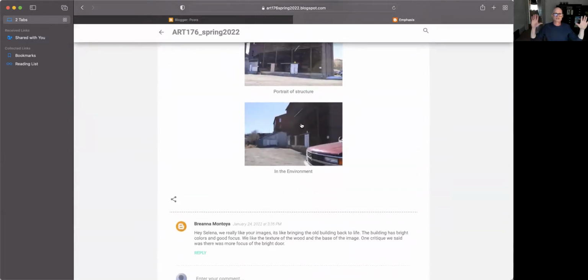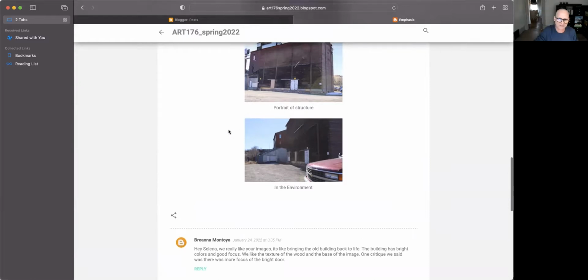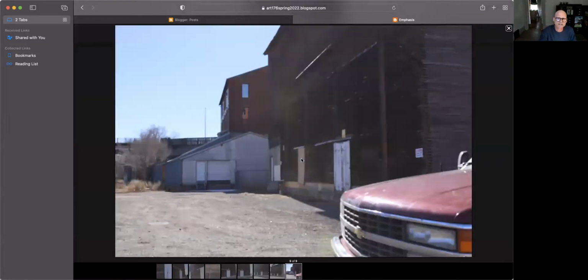That way we can establish whether we're feeling that zoom in or zoom out there. So in the environment here, you are backed up a bit. I think you might have been able to back up a little bit more to establish more of the environment. I see some stuff back here.